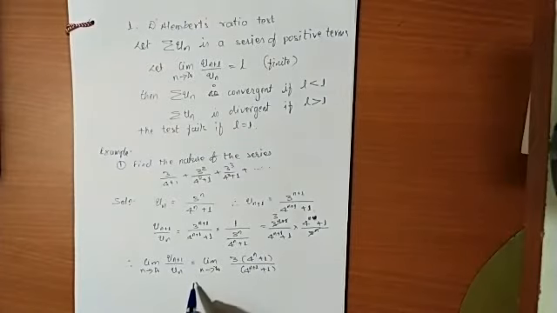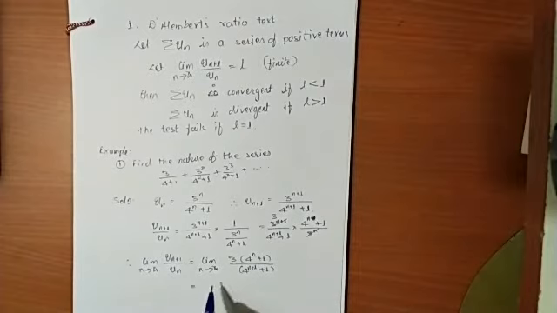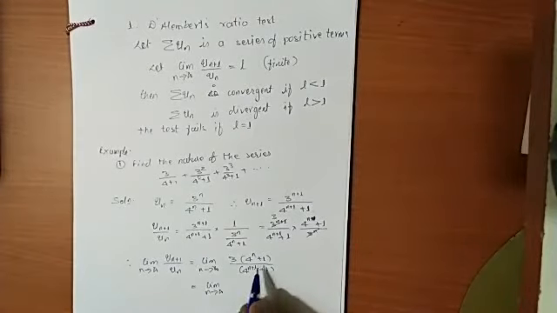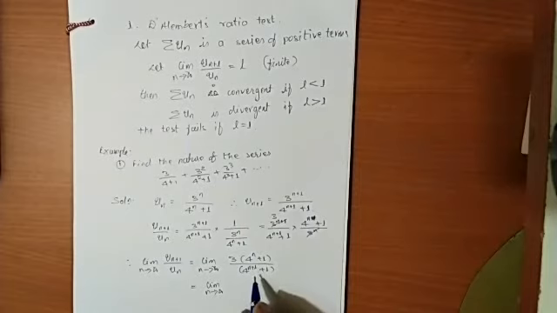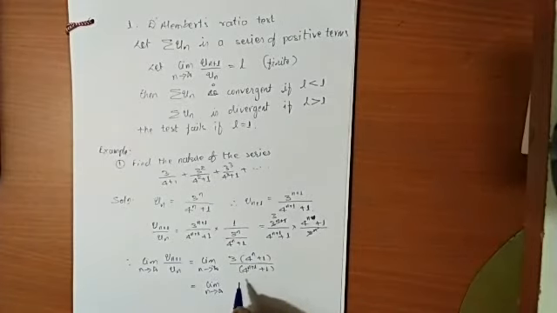So this I can simplify again as limit as n tending to infinity. From the first term, I take out 4 raised to n outside.